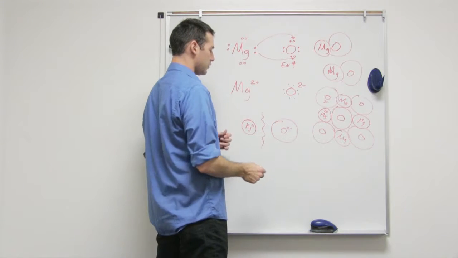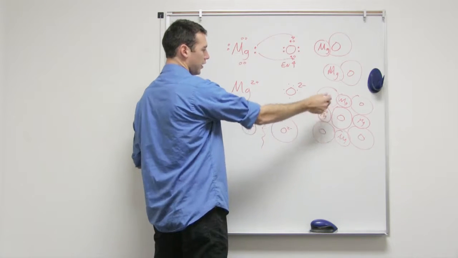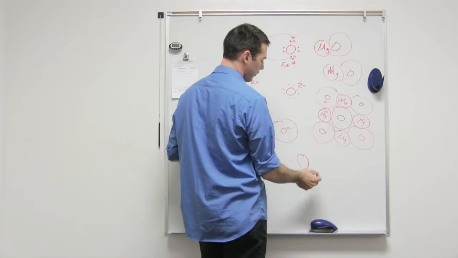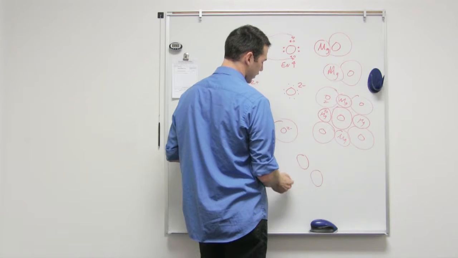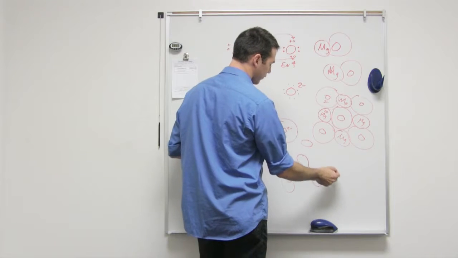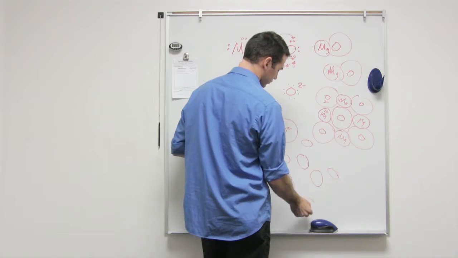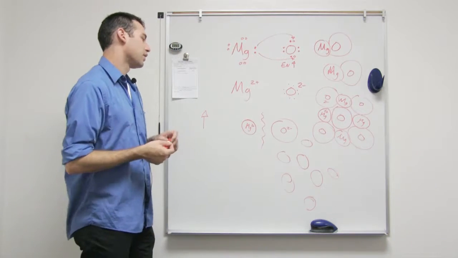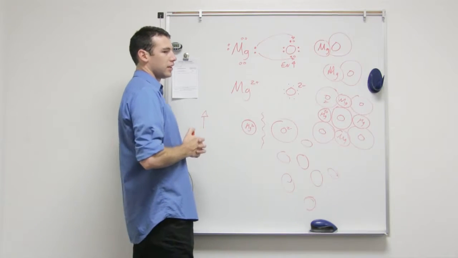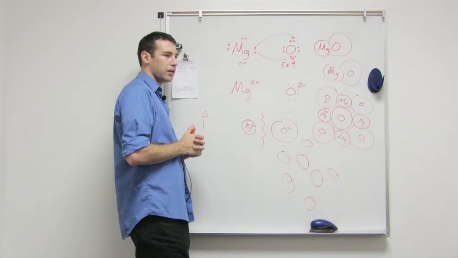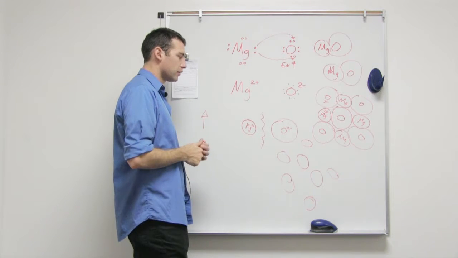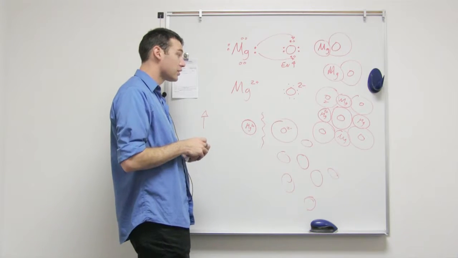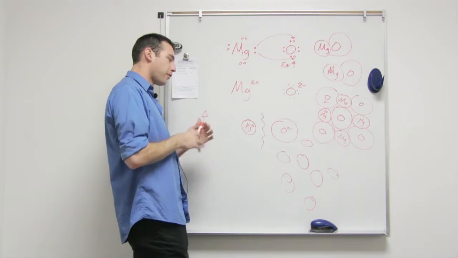So this is it in solid form, and then we have just ions floating around in the liquid form, with some space in between them. Like salt, when you melt it, it looks like water, a very clear liquid. That's because all the bonds are dissociated and they're just free flowing.